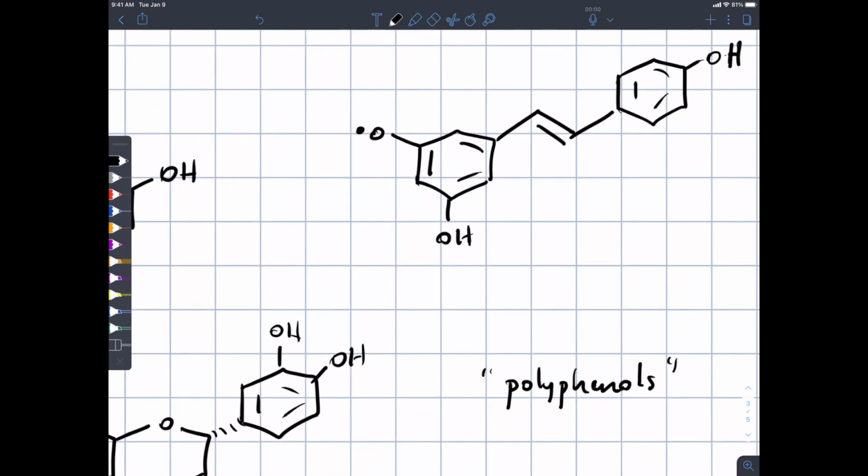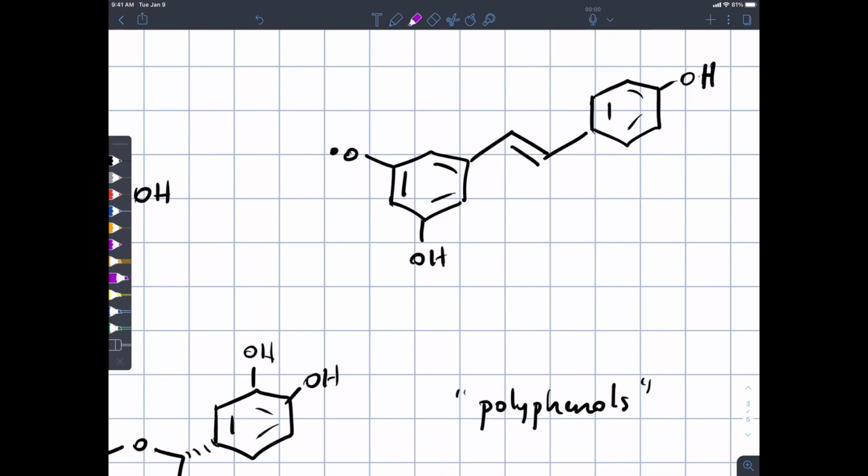The resulting radical is stable because of resonance. You can draw resonance structures in which that unpaired electron is on these atoms all the way across the ring. And that delocalized radical is much less reactive and doesn't go on to do damage.